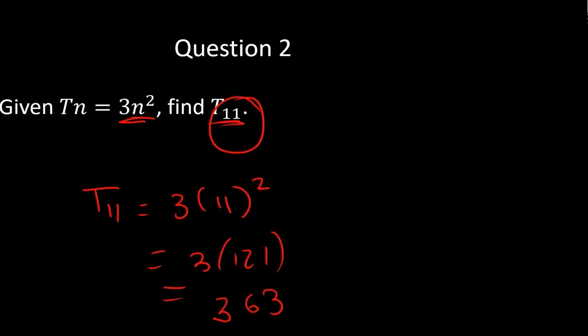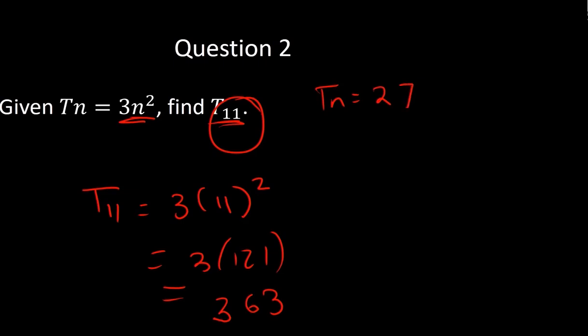So say, for example, in this question, we were told, okay, Tn is equal to, let's just see what could work nice and easy here. I'm just making this up, so let's just say Tn is equal to 27.